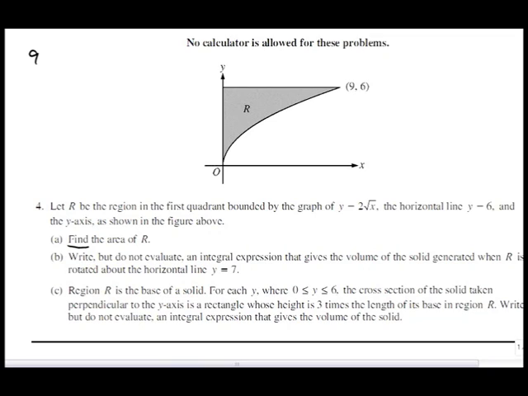For each y, such that y is between 0 and 6, the cross-section of the solid taken perpendicular to the y-axis is a rectangle whose height is 3 times the length. Write but do not evaluate an integral expression that gives the volume of the solid.